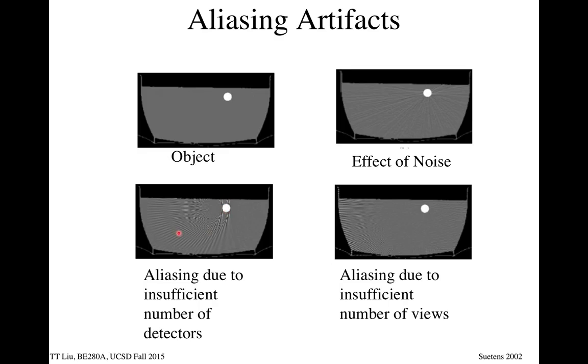This is if I have too few samples along L, I'll start seeing these kind of structured aliasing artifacts off the edge. And when you have an inadequate number of views, you don't see the aliasing until you hit some critical radius, right? At which time you start seeing these streaks. Right?